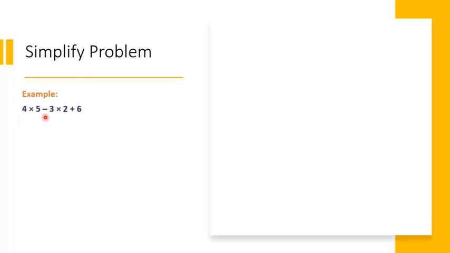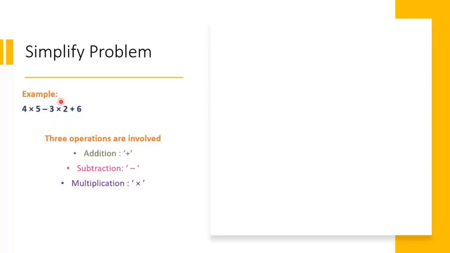For example, this is one of the simplified problems where we can see the different operations. Operations here means either multiplication, subtraction or addition. So three operations are involved in this particular question: multiplication, next is subtraction, and we can see addition as well.